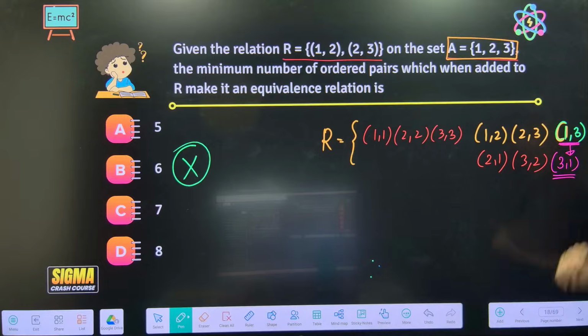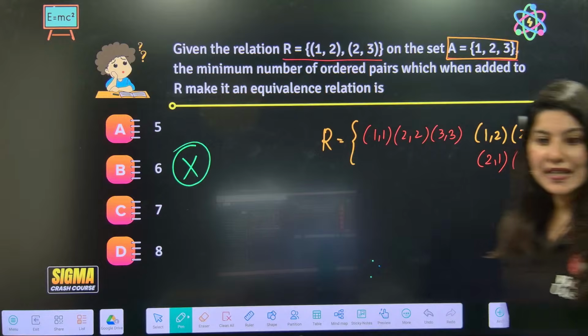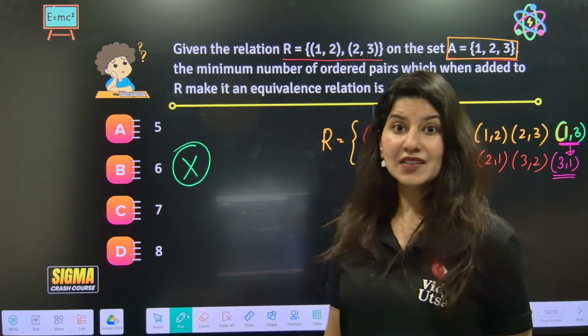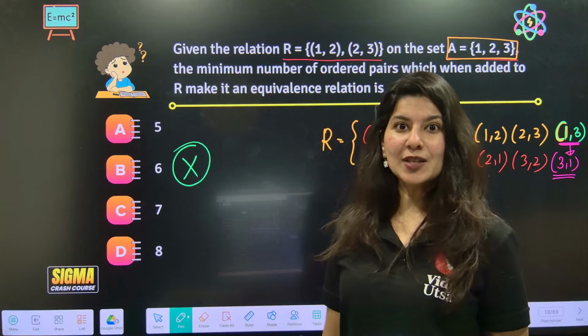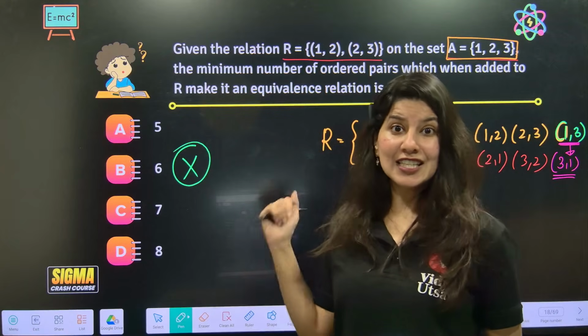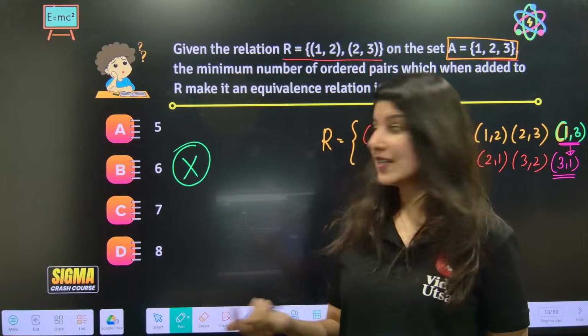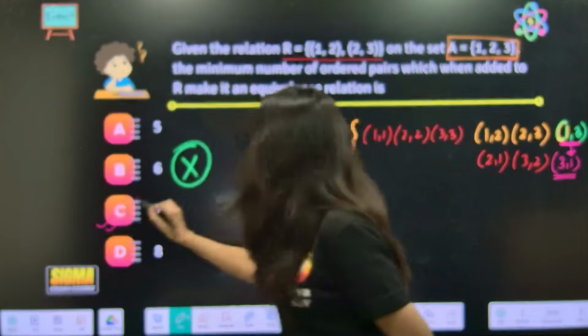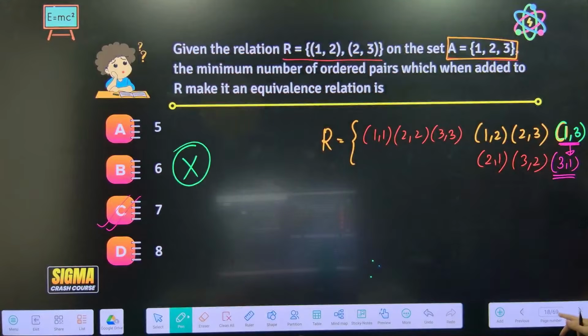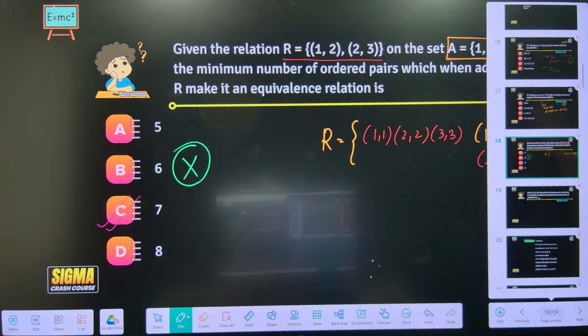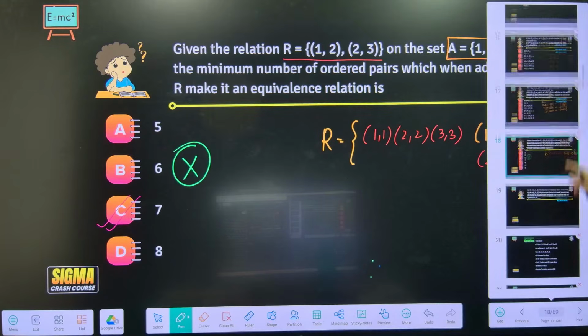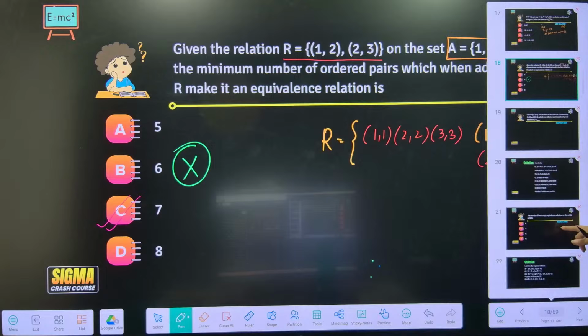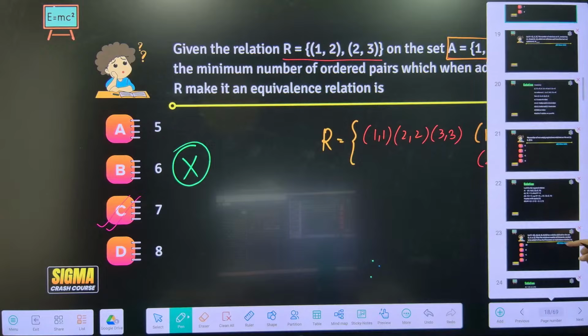Because if 1 comma 3 is there and 3 comma 1 is missing, that means symmetry is not there. So even if you add 6 ordered pairs, it is still not symmetric, right? It is not equivalent. So now option C is absolutely right. Okay. Yes. Shall we move on to the next problem? Yes. Okay. Now let's talk about, yes.